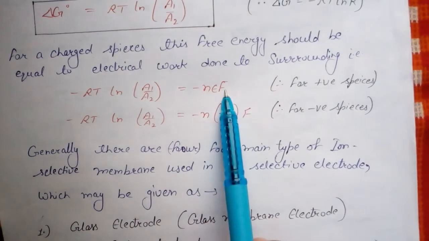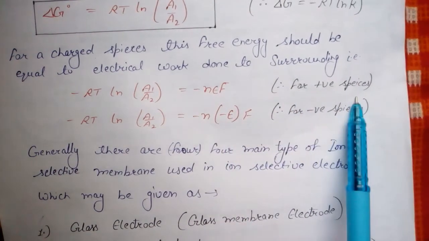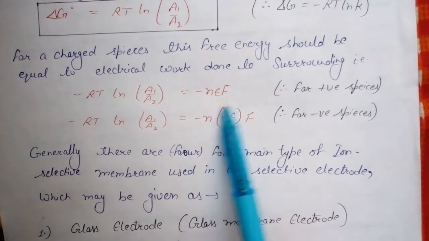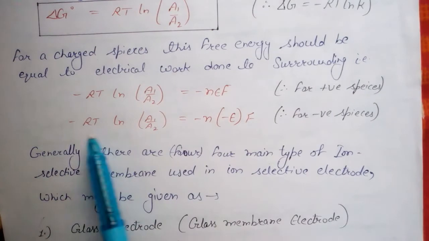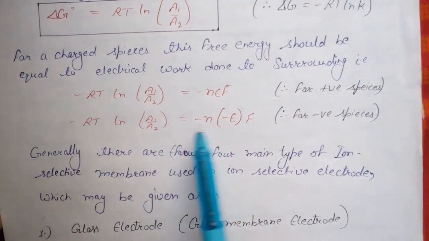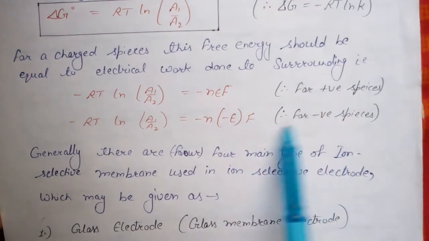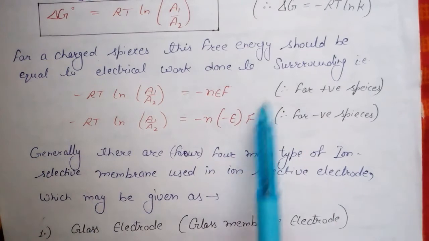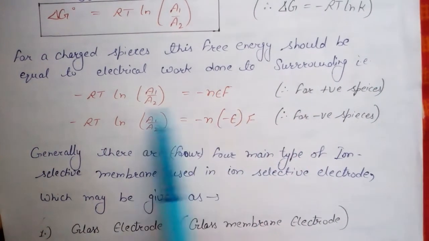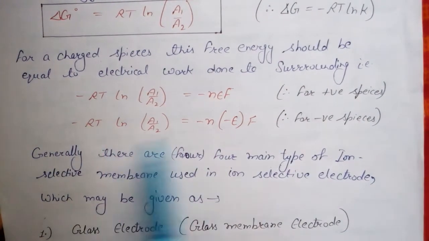This F is Faraday's constant, right? This is for positive species because E is positive here. E is for a positive cell. And -RT ln A1/A2 = -n(-E)F. That is for negative species. I think we can clearly observe that it is positive, so it is for positive species. It is negative, so it is for negative species.